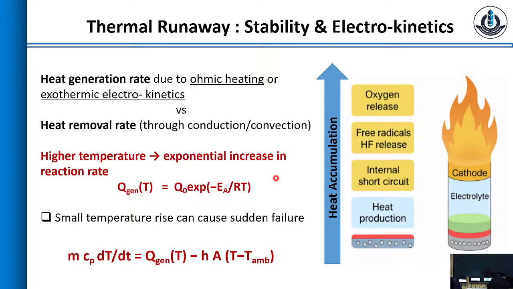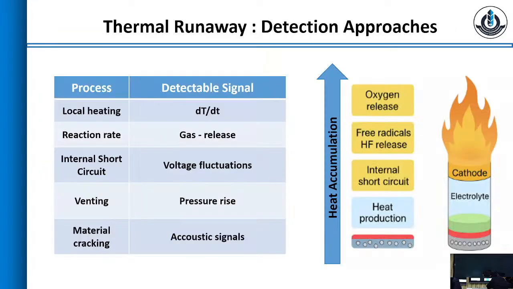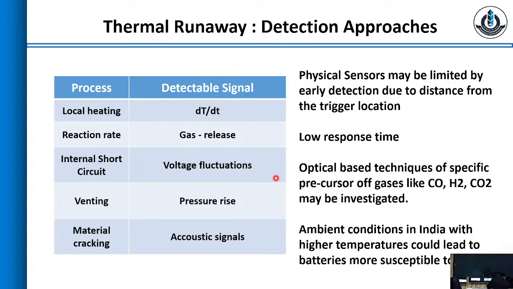And because of high overall ambient temperatures, even a very small amount of thermal overheating can push the temperatures beyond the activation energy. So it is very important to look at ambient conditions in India, test these batteries for Indian conditions, especially those used in two-wheelers and three-wheelers, and then certify them for usage.